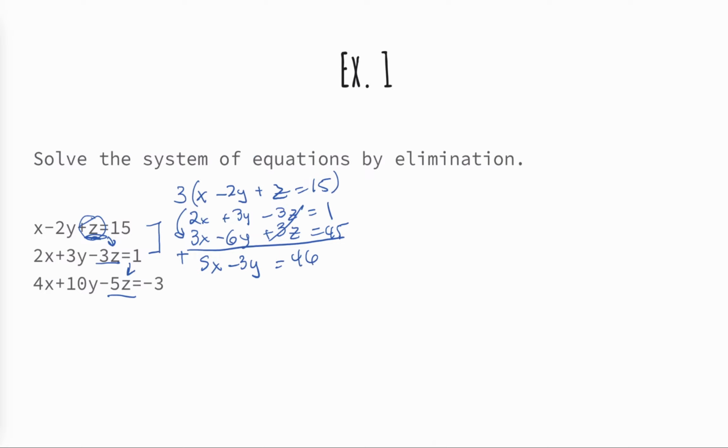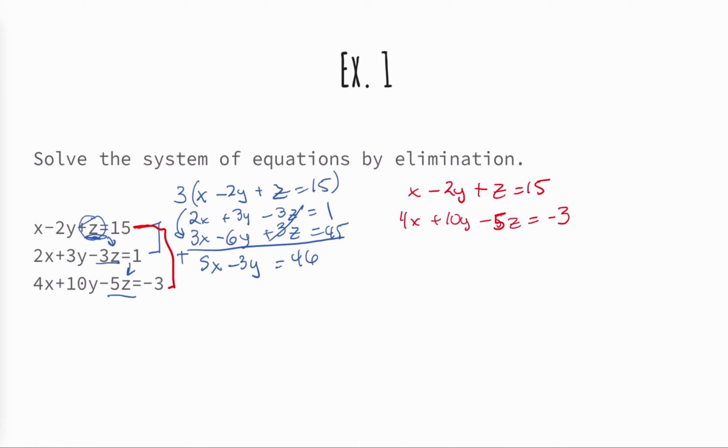Can't do anything with that yet. Now, we're going to take the first equation and the third equation and cancel the z's out again. So we have x minus 2y plus z equals 15, and 4x plus 10y minus 5z equals negative 3.